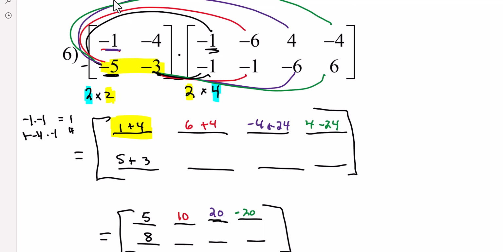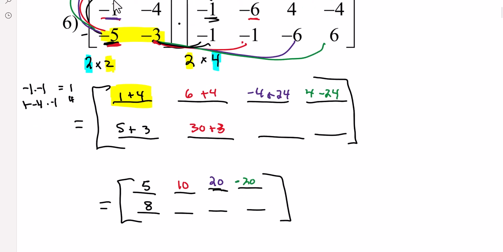Okay, I'm going to switch to the red because we're doing the second column. So, whoops, -5 times -6 is 30. -3 times -1 is +3. Add those together, we get 33.